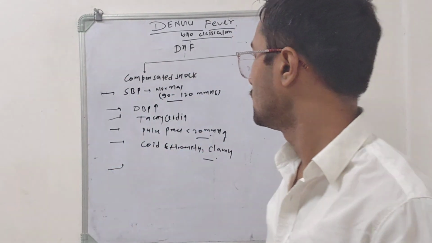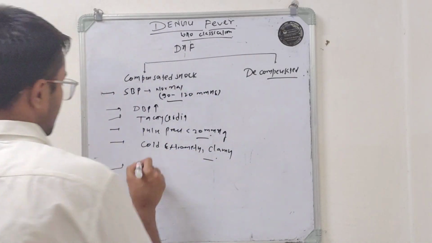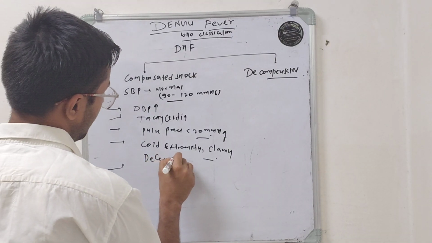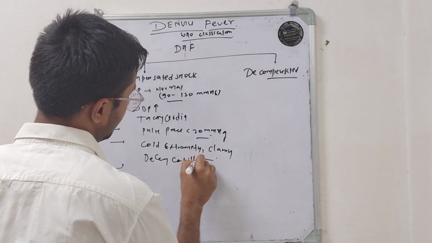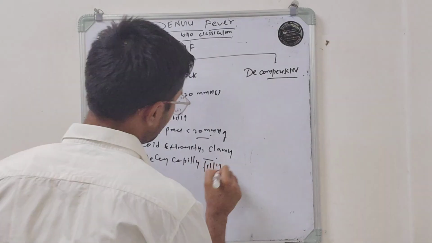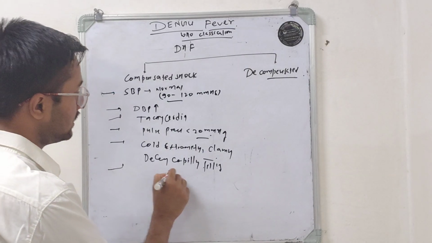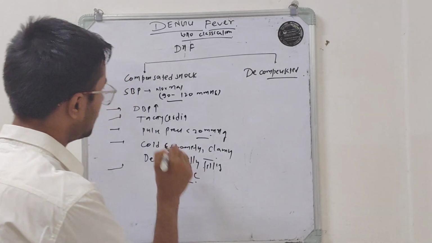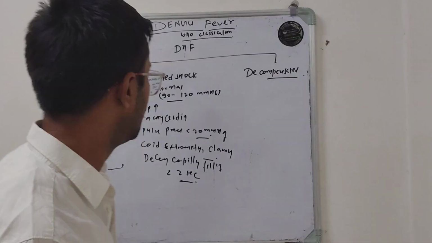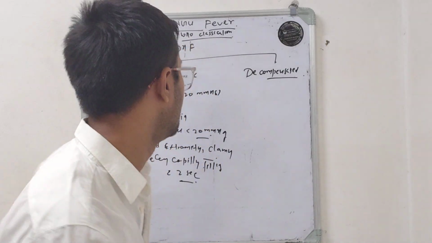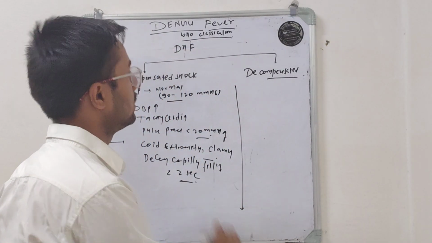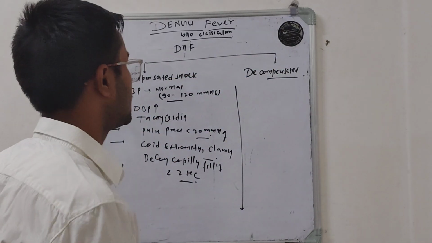After that, they have delayed capillary filling. Generally, normal capillary filling is less than 2 seconds, but in the case of shock, it is more than 2 seconds. What happens in the case of the decompensated condition?